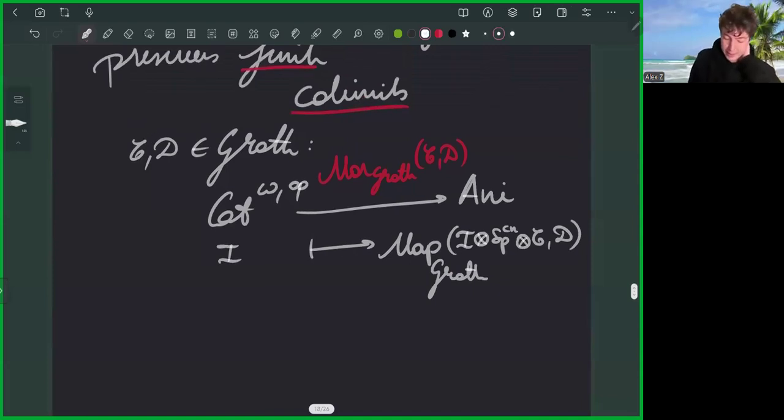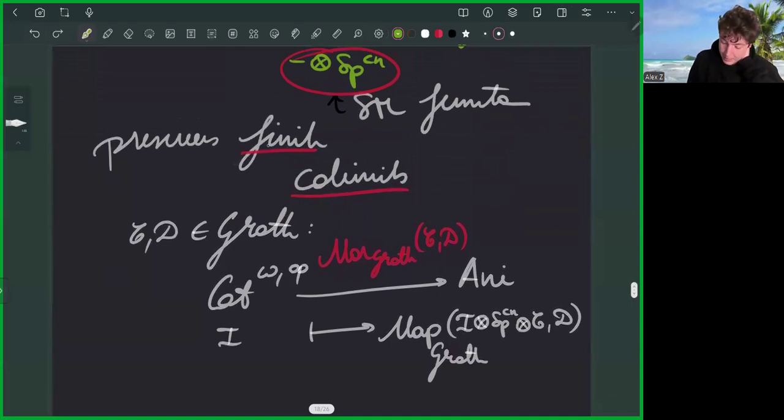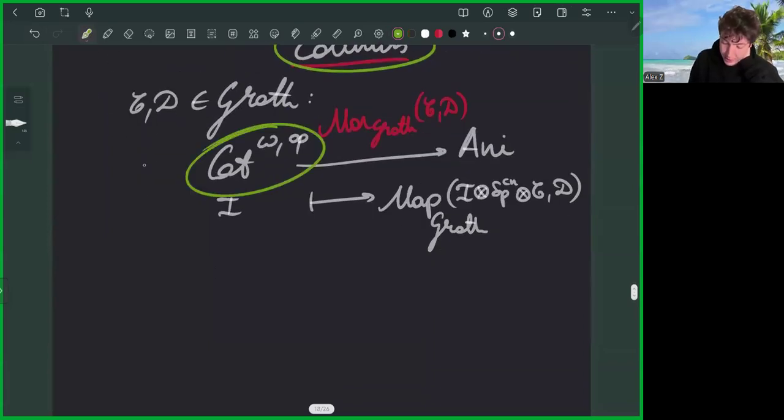So for fixed C and D, we constructed such a thing, and because the functor upstairs preserves finite colimits, this functor here preserves finite limits.